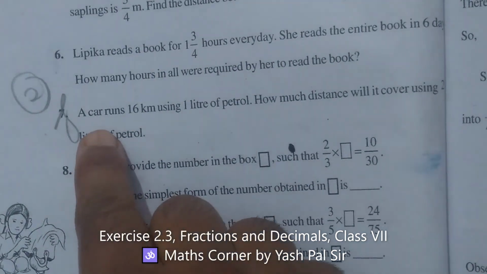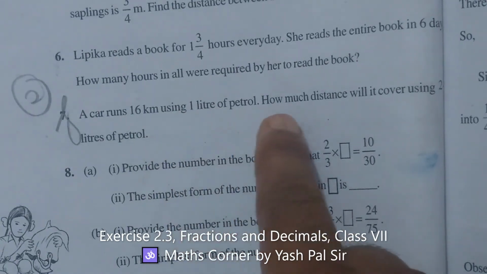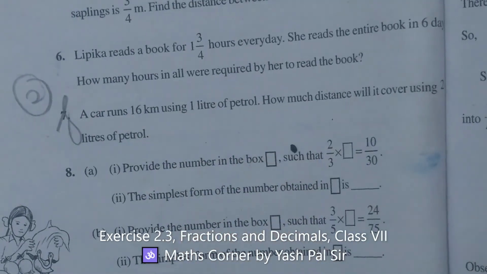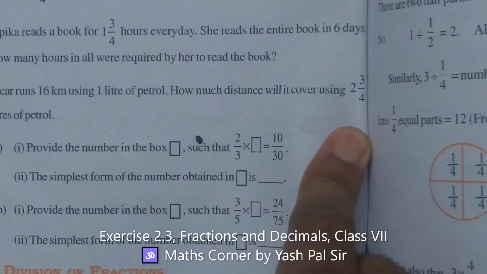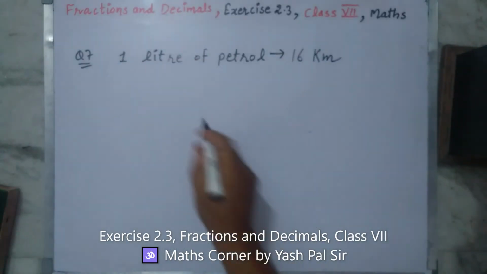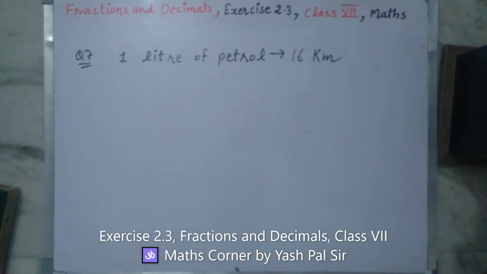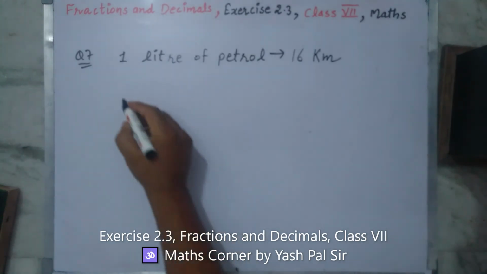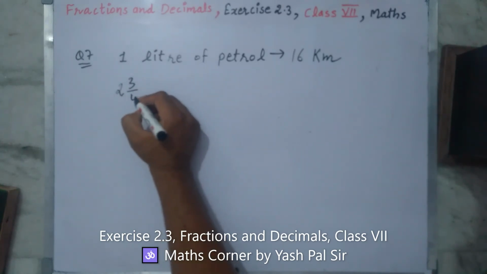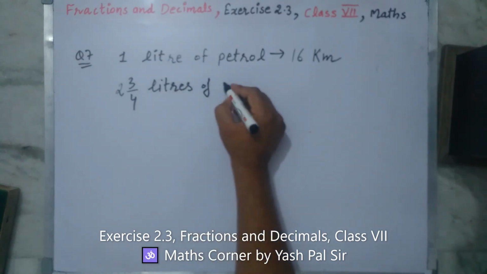Question number 7. A car runs 16 km using 1 liter of petrol. How much distance will it cover using 2 and 3 by 4 liters of petrol? So first of all, 1 liter of petrol, car runs 16 km. So what is next? 2 and 3 by 4 liters of petrol.